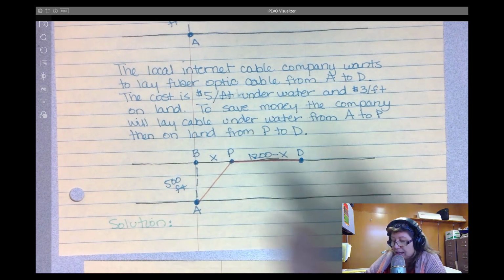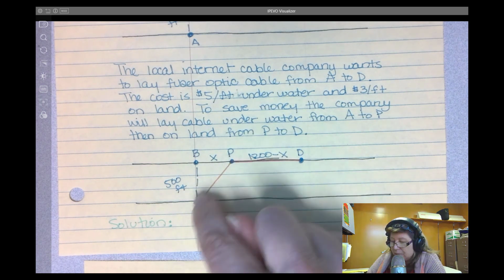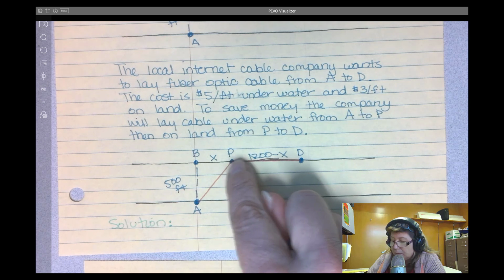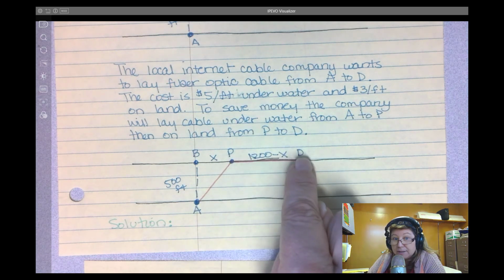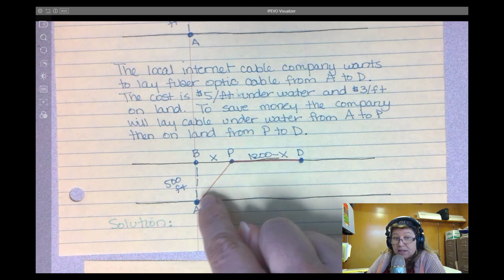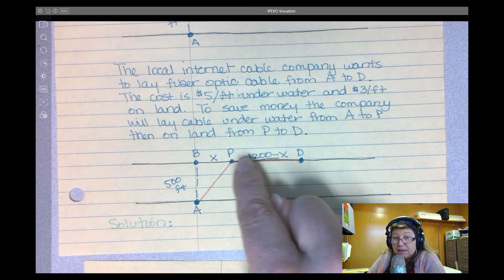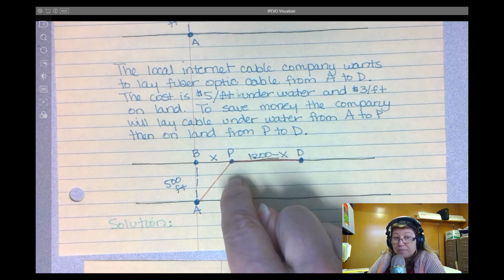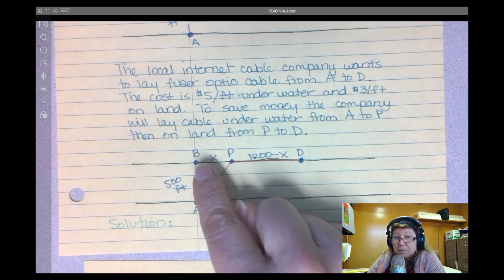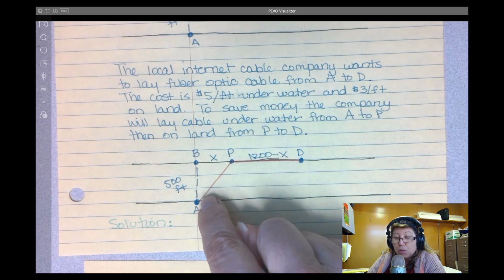Now here's the thing. I need to find the length from A to P and then P to D. This is underwater. This is on land. Now, once I solve for this point, I can figure out X. Now, from A to B to P and back to A creates a right triangle.